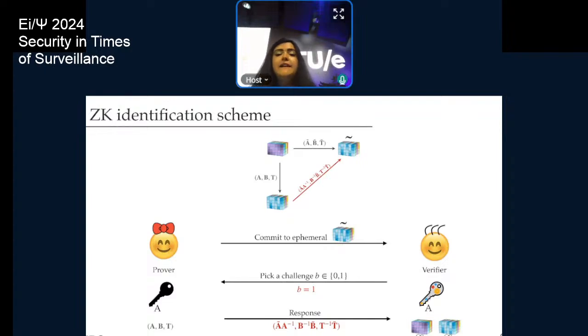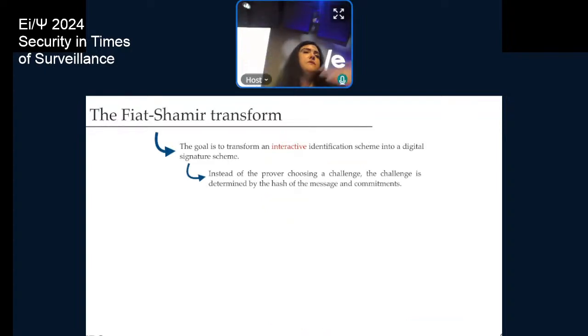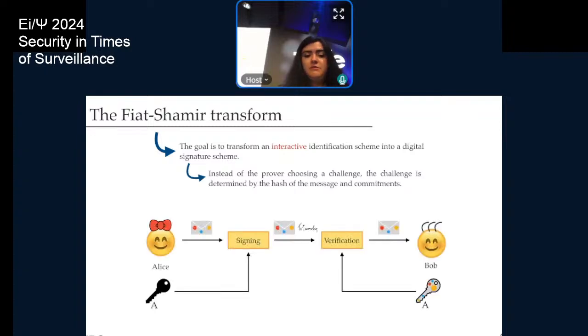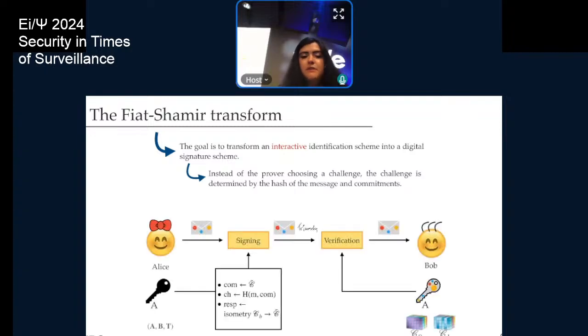Okay. And then from this, well, it's just an identification scheme, right? Our goal is a signature, so we make it non-interactive in a very simple manner, but a very clever transformation. Instead of using the verifier to get the challenges, we just hash. Same thing about the secret and public key. So we just hash the message and the commitment, and that will give us the challenge.